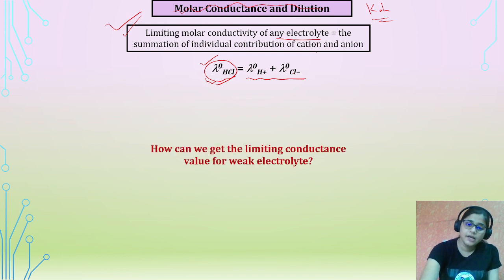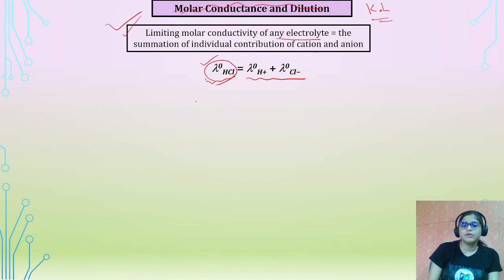Fine. Now, if we take another example, like NH4Cl, what will happen? NH4Cl will break into NH4 plus and Cl minus, right?